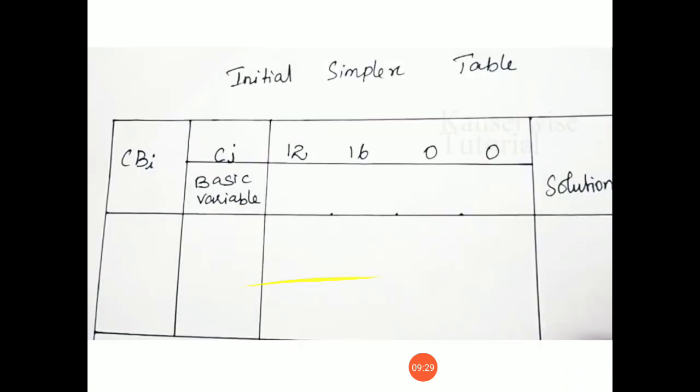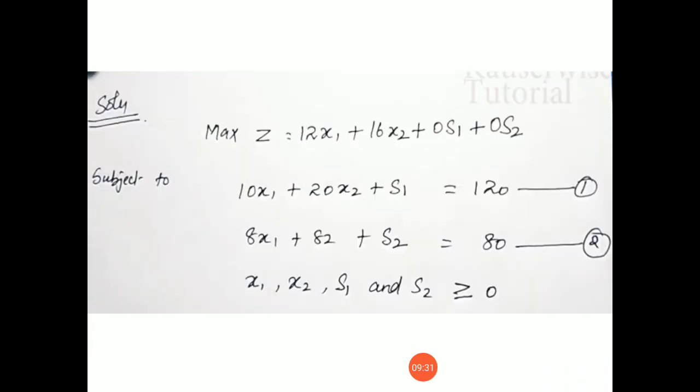Again I am showing you, the first equation has coefficients 10 for x1, 20 for x2, plus 1, the coefficient of s1, and since there is no s2 term here, the coefficient of s2 is 0.